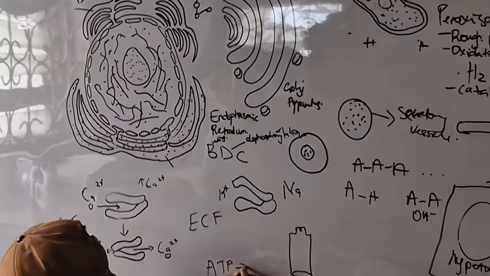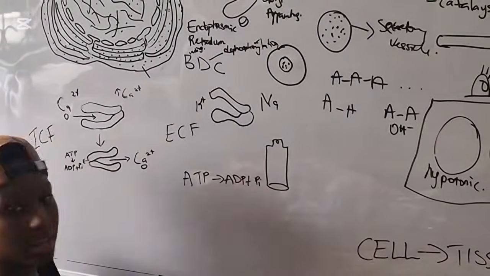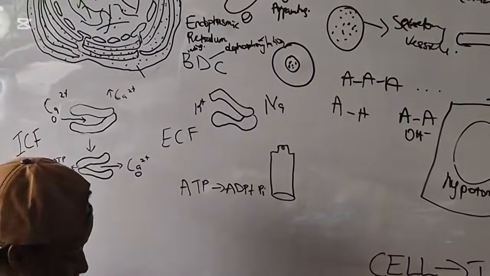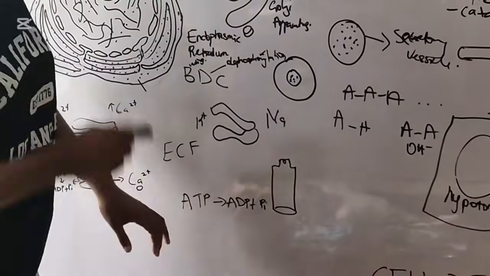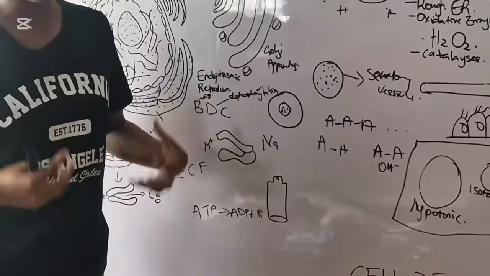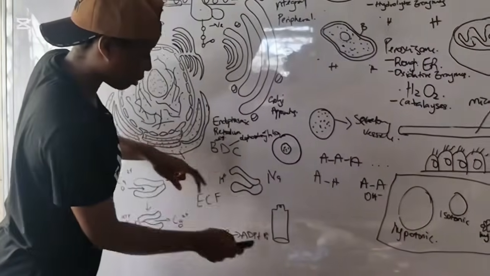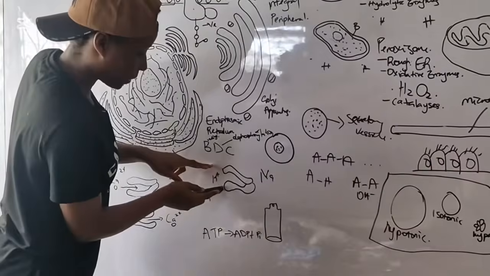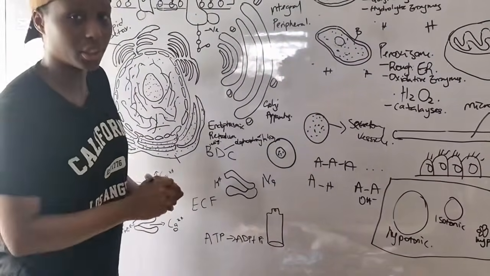That Pi is inorganic phosphate. So once this happens, the conversion of ATP to ADP and Pi, there is release of energy, energy is generated, and then this energy is going to cause a conformational change.